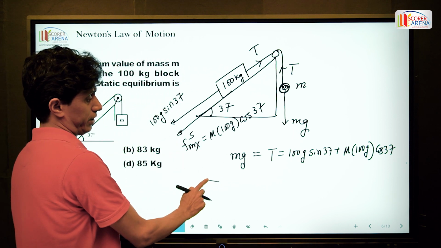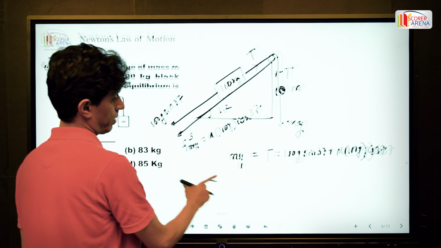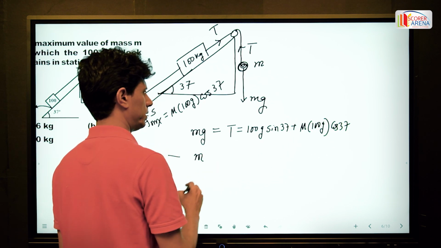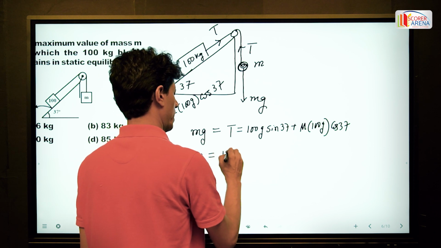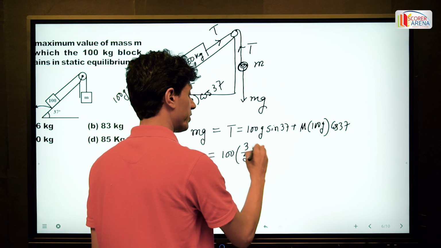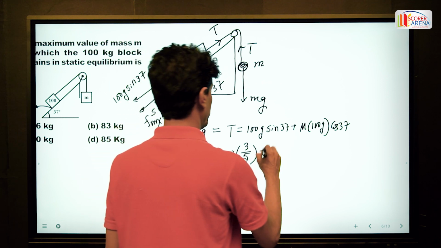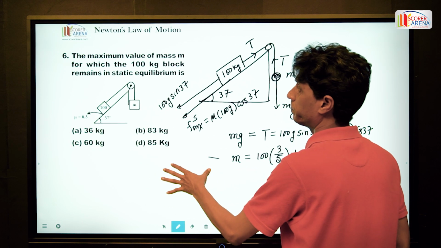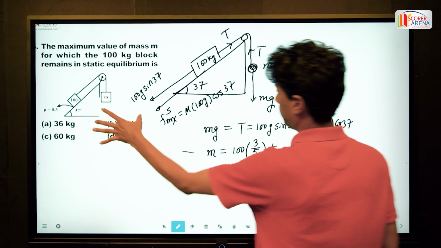And on calculation, m equals, sine 37 is 3 by 5, and mu in this problem is 0.3.